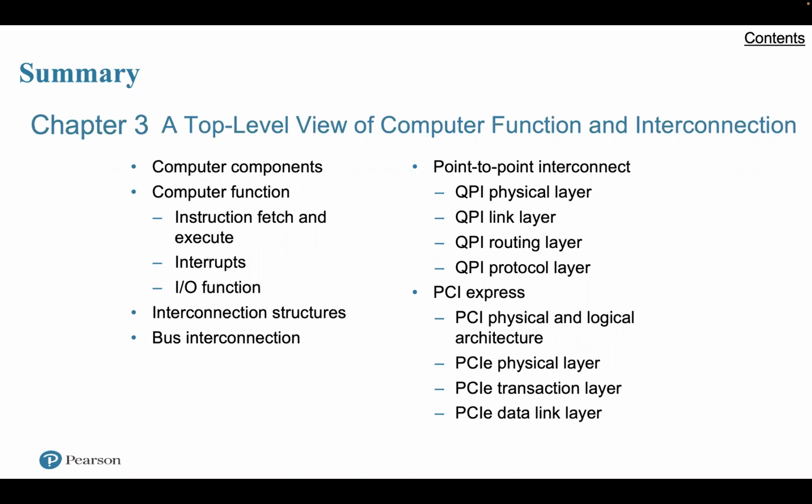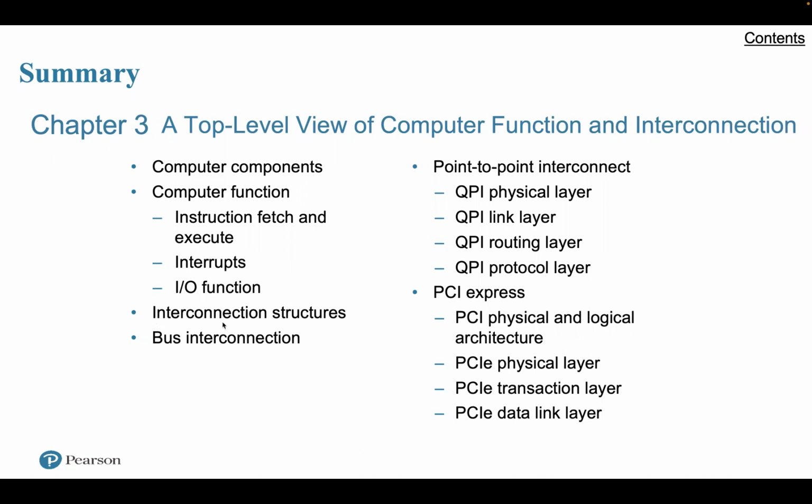We got a chance to talk about computer components, and a little bit more about the von Neumann architecture. We talked about functions, the fetch execute cycle, and how interrupts start to impact that. And then we started to talk about input and output functions.